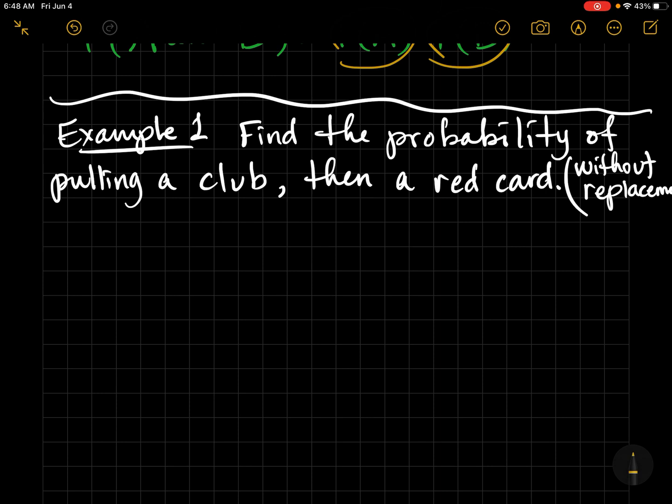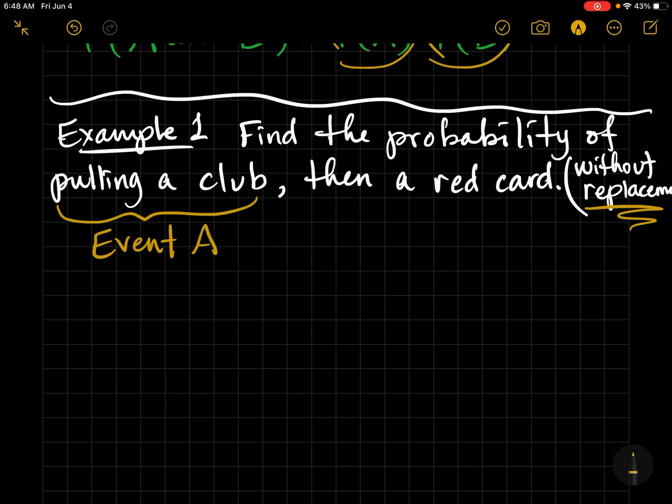Okay, example 1. Find the probability of pulling a club, then pulling a red card. And that's without replacement. So we have this deck of 52 cards, and we want to know the probability that our first random draw is going to be a club.